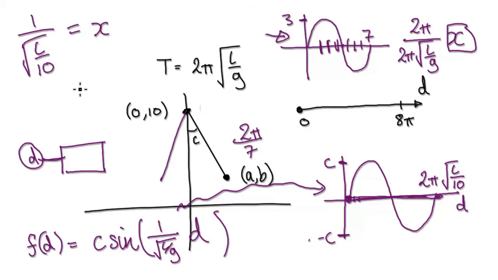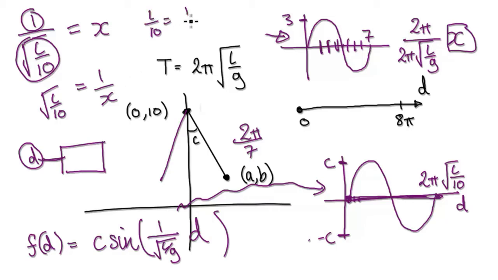So now we're going to take the reciprocal of both sides. Imagine this as one thing over another thing. So that would be root L over 10. Take the reciprocal of the right hand side. That would be 1 over x. And then square both sides. That would be L over 10 equals 1 over x squared.